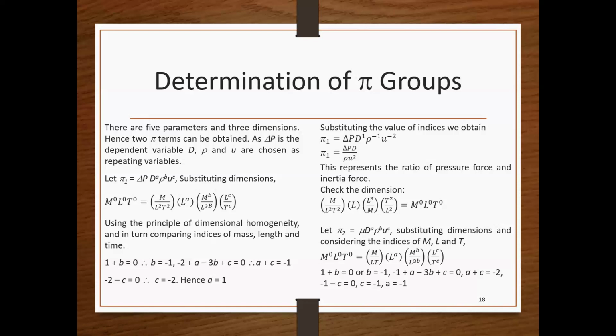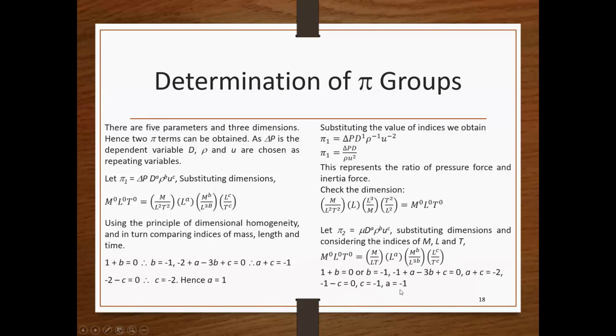For L: negative 1 plus a minus 3b plus c is 0, so a plus c is equal to negative 2. For T: negative 1 minus c is equal to 0, so c is negative 1.